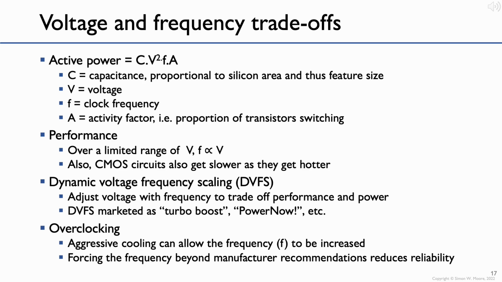Now, modern chips will actually do this dynamic voltage frequency scaling, so if you just do aggressive cooling, the chip will effectively do overclocking all by itself. It will dynamically adjust the frequency and give you better performance. Sometimes the BIOS might allow you to tweak frequencies, but these days, as I said, it's such a subtle balance of voltage, frequency and temperature that you really need to rely on the built-in settings that the manufacturers provide to optimize it.